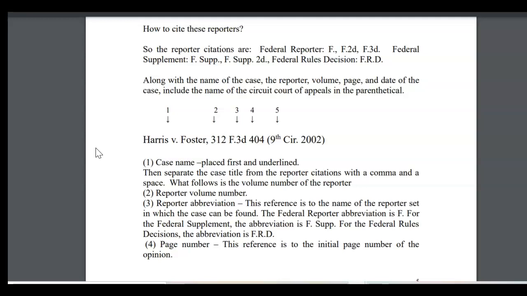There may be some additional information, like the name of the circuit court it appears in, or the district and the state, and all that information must be provided in the parentheses. To simplify the review, let's take a look at the same example that is provided in your student citation packet. We're going to cover each of these points. Are you ready? Great, let's go.